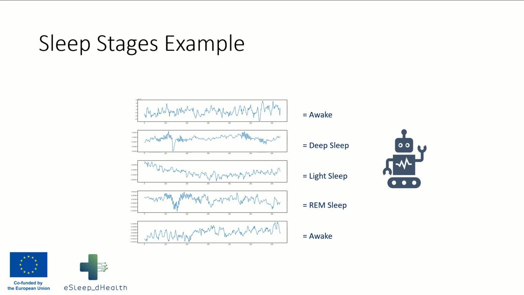And now the same thing as before, we show the model hundreds and thousands of epochs of EEG, and we always assign the label, which sleep stage it is. And from this information, we can derive a model and use this model to classify sleep stages.